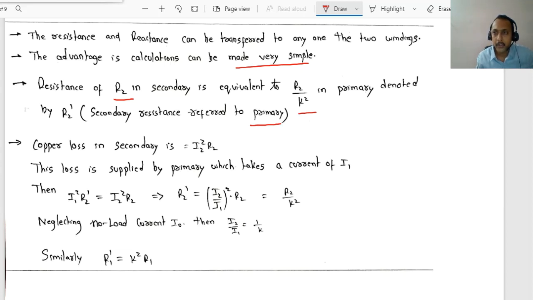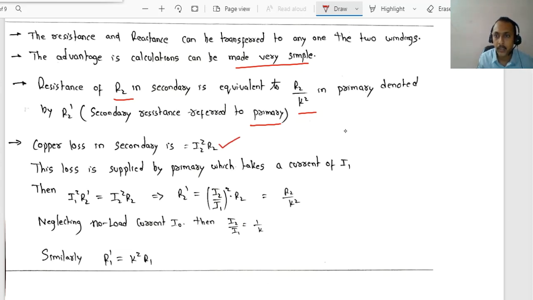How it is derived: even though it is on the primary side or secondary side, the losses must be the same. So if it is on the secondary side, what will be the amount of loss? I square R, because the current flowing is I2 and the resistance is R2.